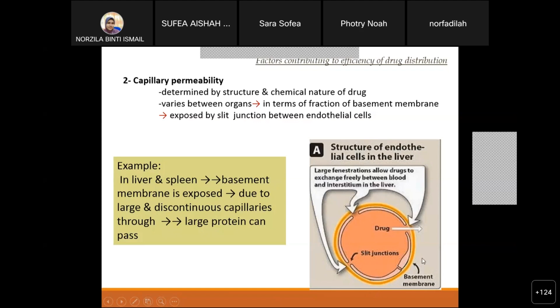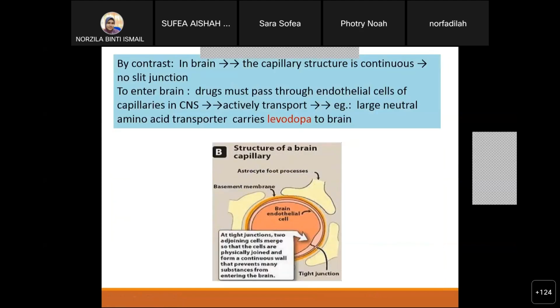This is different with brain capillaries, because the endothelial cells have no opening junction or slit junction like in the liver, so the drugs that can enter the brain capillaries are very limited.